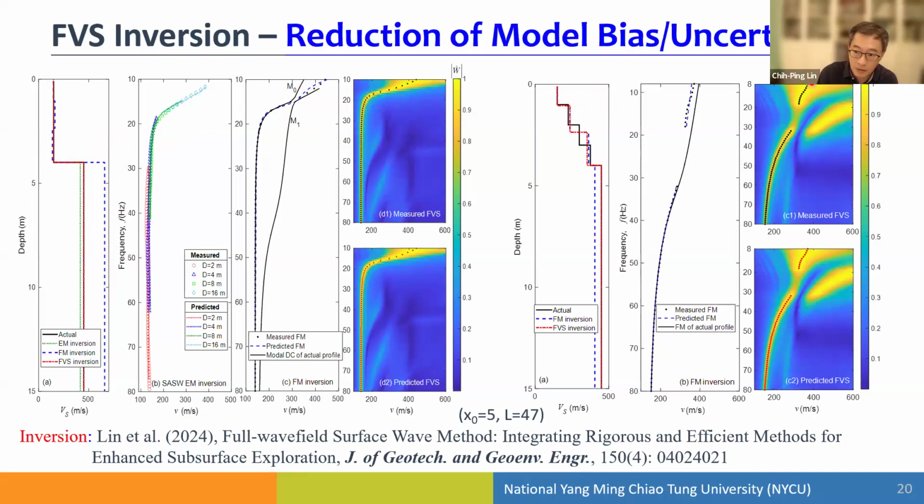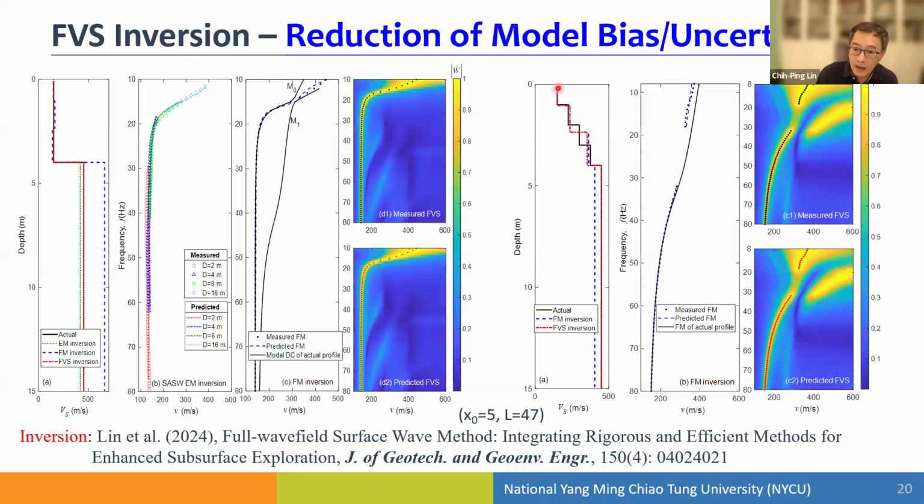The dispersion spectrum is quite complex. The fundamental mode jumps to a higher mode, and then at low frequency jumps back to the fundamental mode. So in this case, we cannot perform the two-station SASW phase analysis. It's quite erratic and not stable, and the inversion doesn't give us a reasonable profile.